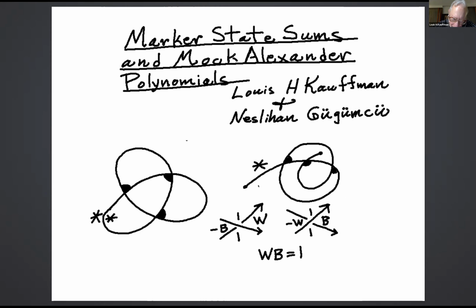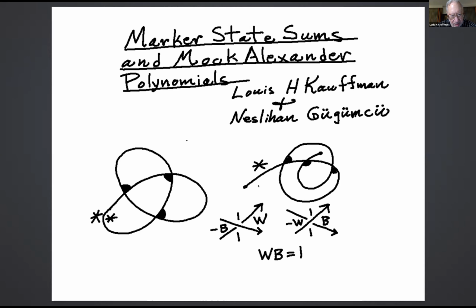We're going to be looking at various invariants that can be produced by state sums of the kind indicated on this slide, where a state is a choice by each region that is not designated by a star of one of the corners in that region, one of the vertices. It's a state.